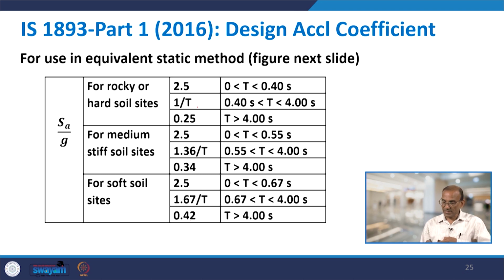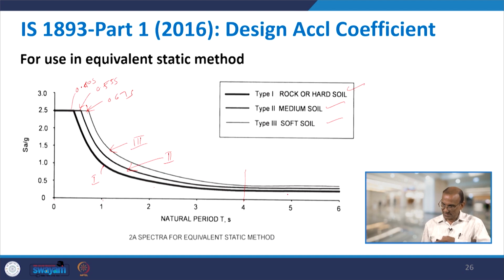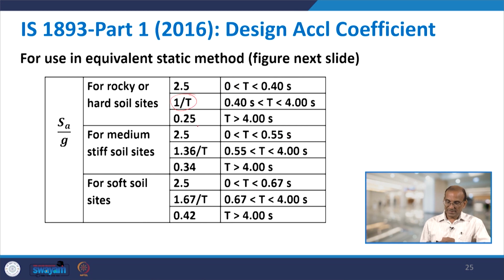Then if the time period is between 0.4 and 4 seconds, you can find it using 1 by T, the reverse way. If it is more than 4 seconds, then it becomes constant and the constant value you get is 0.25. This is similar for medium soft soil sites, and the third is for soft soil sites.